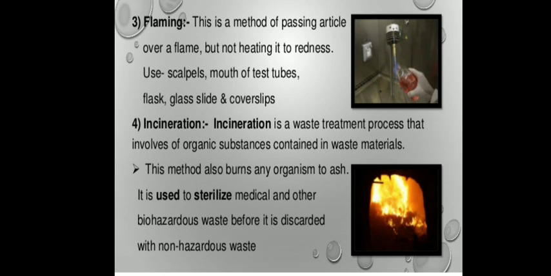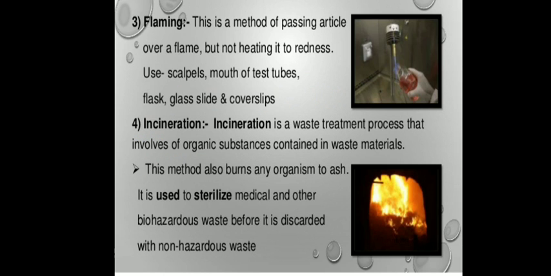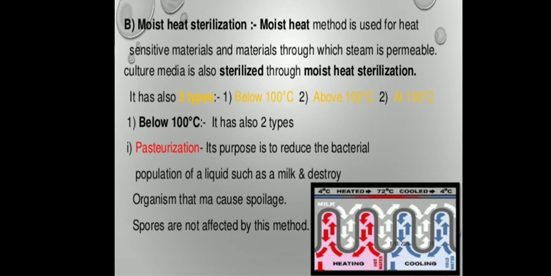Whatever medical waste or biohazardous waste there is, before discarding it, it is very important to perform the incineration process on it. Now this was all about dry heat sterilization. In dry heat sterilization, we have seen the use of hot air oven, then red hot sterilization, flaming and incineration. Now the second type is moist heat sterilization.